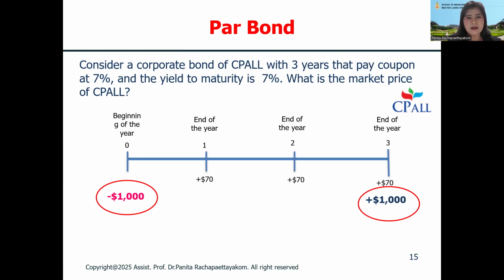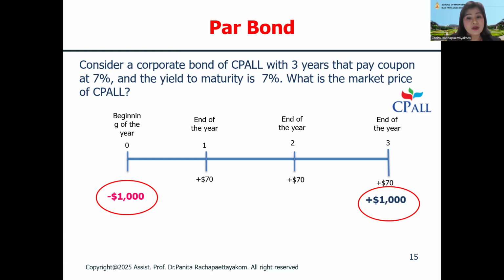So what does it mean? It means the yield of this bond equals the coupon payment of this bond. So if the price of this bond is greater than 1,000 Thai baht, should you invest in this bond?